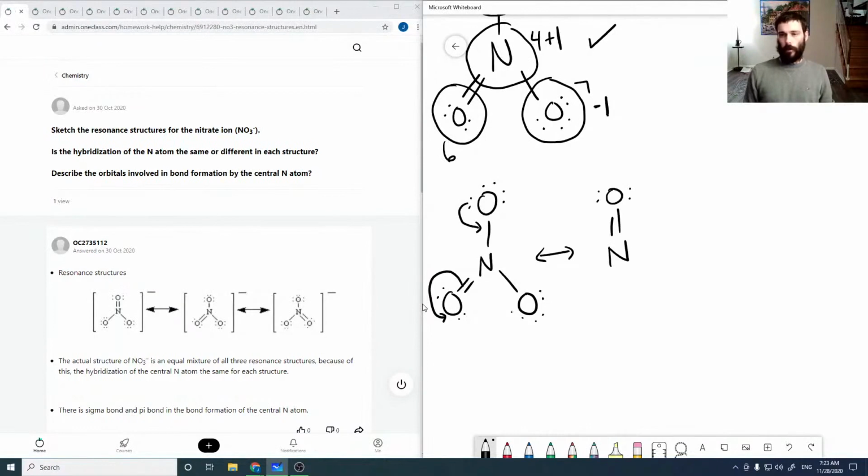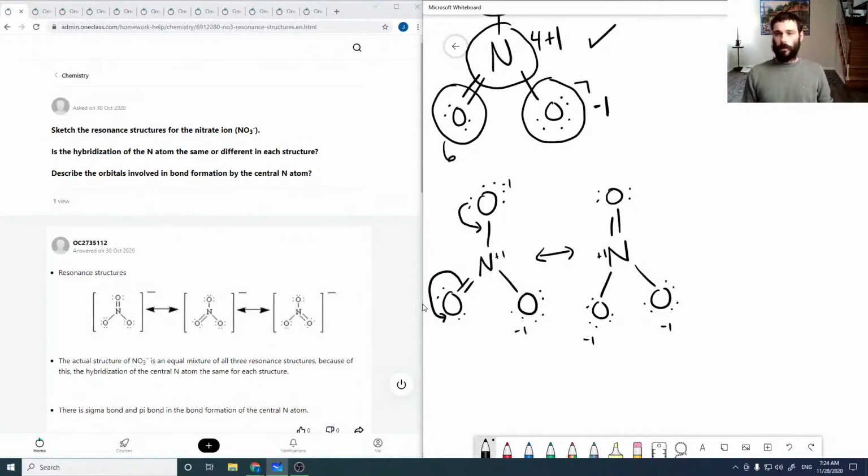So this is another viable structure. The only difference now is that the charges have moved. So now these ones are negatively charged, whereas here these ones were.